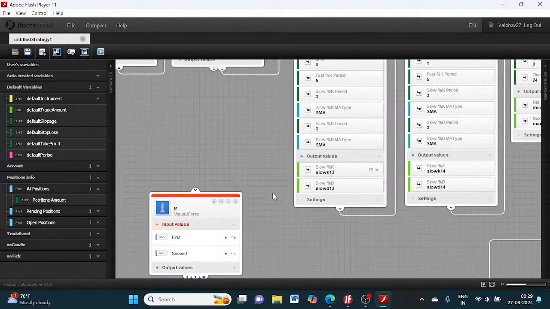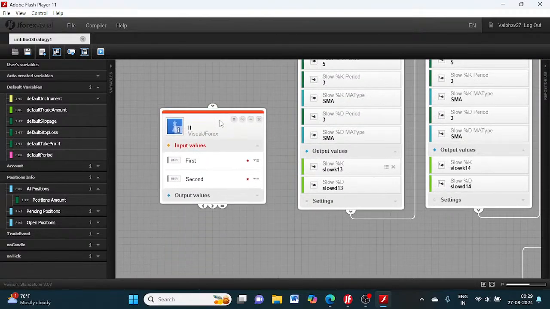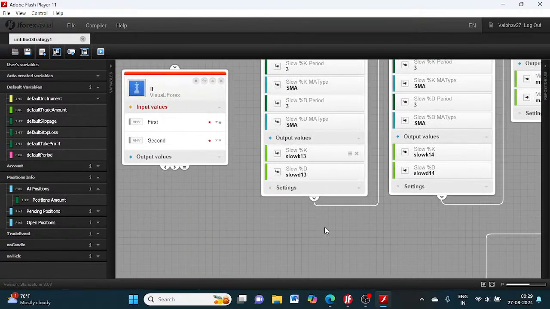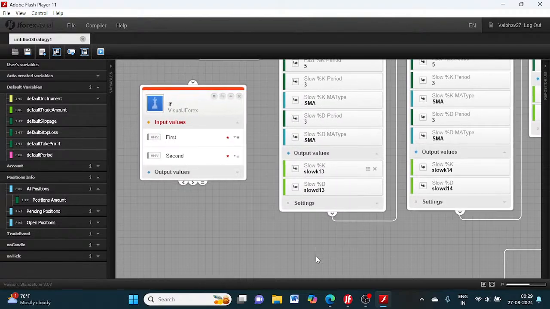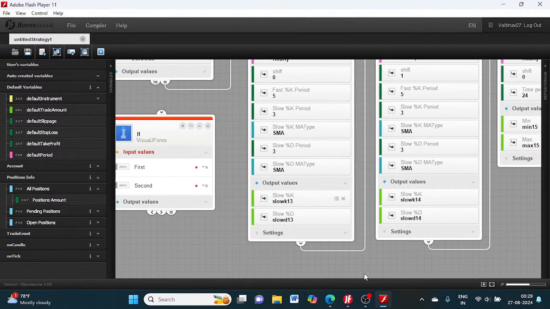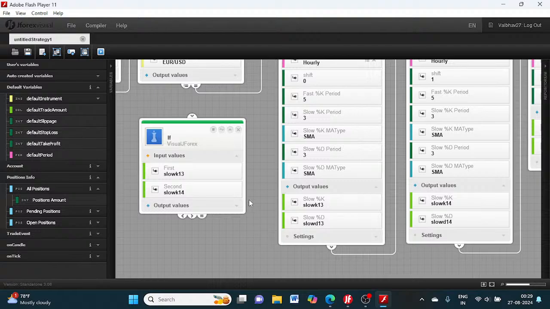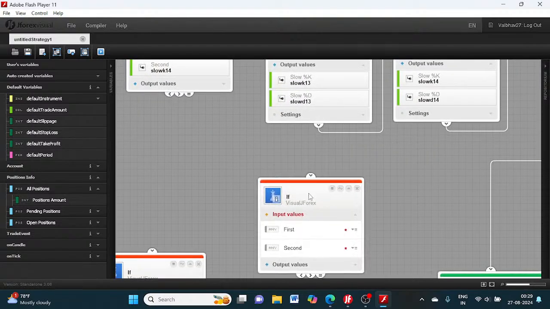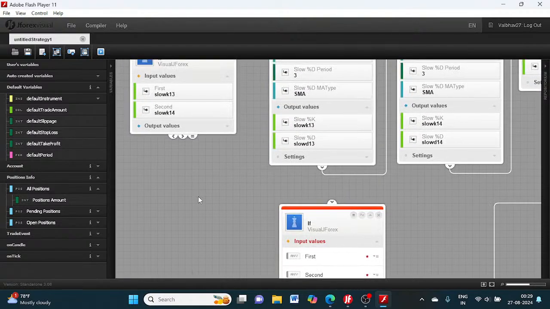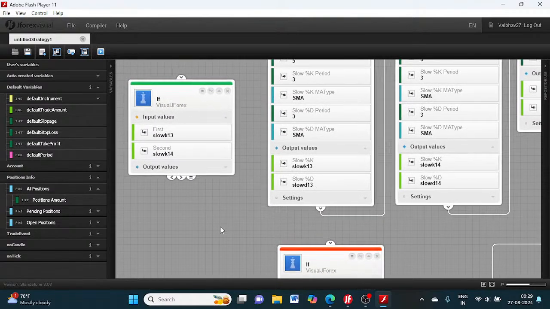Now we'll do the comparison of current slow K with prior slow K. So this and this. It should be higher.